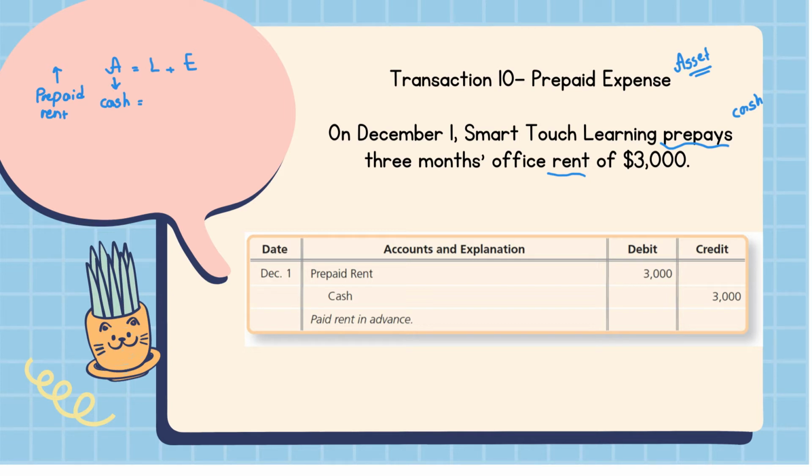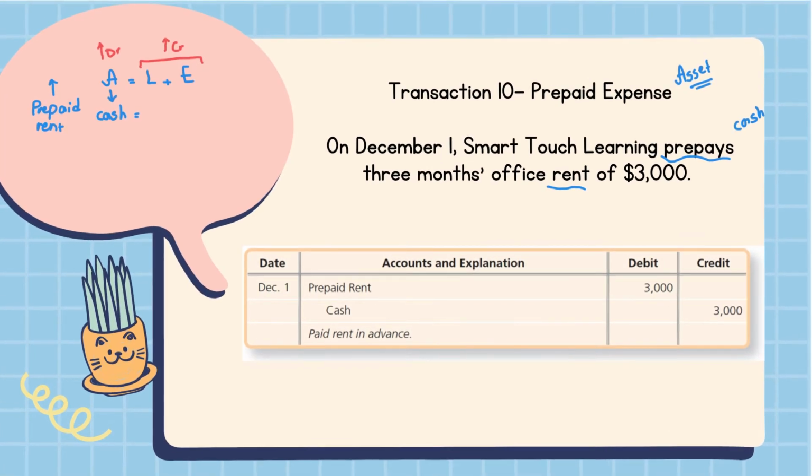The normal balance for assets is debit side and the normal balance for liabilities and equity is credit side. Okay, so both are assets. So when assets increase, they go to the debit, and when they decrease, they go to the credit side. So I'm going to start with the debit, which is prepaid rent. Then I'm going to credit cash, so I'm going to leave a space here, and the amount is 3,000.